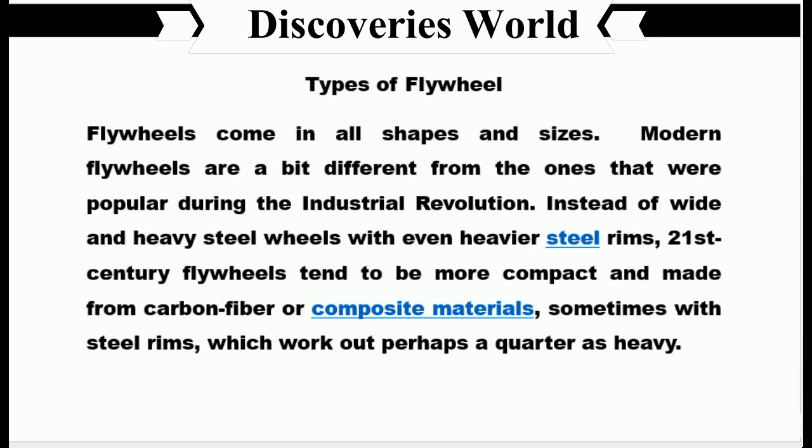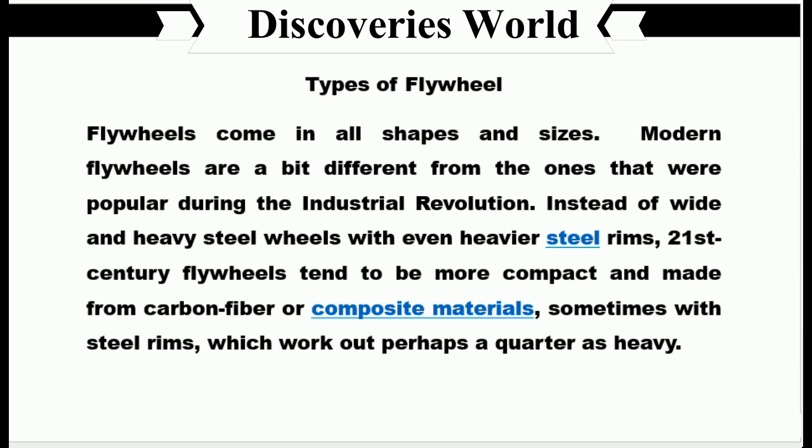Now, there are different types of flywheel. Flywheels come in all shapes and sizes. Modern flywheels are a bit different from the ones that were popular during the Industrial Revolution.